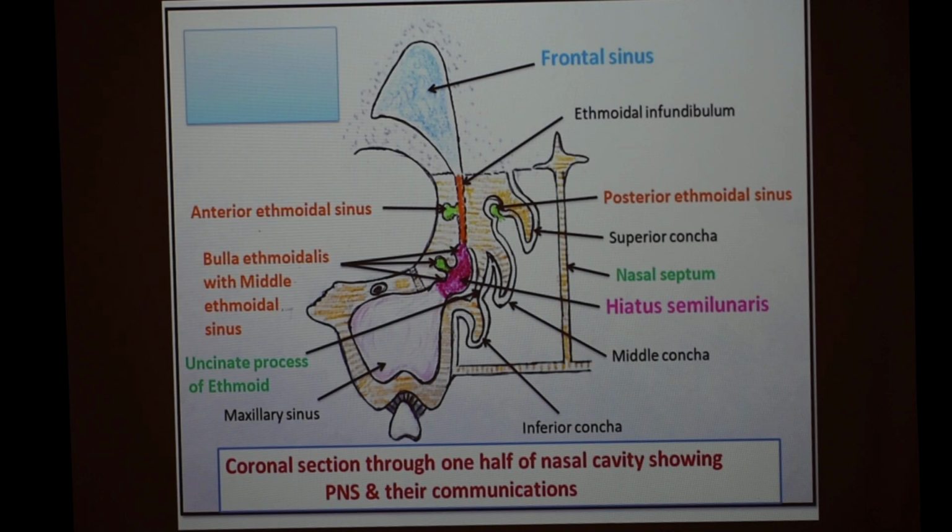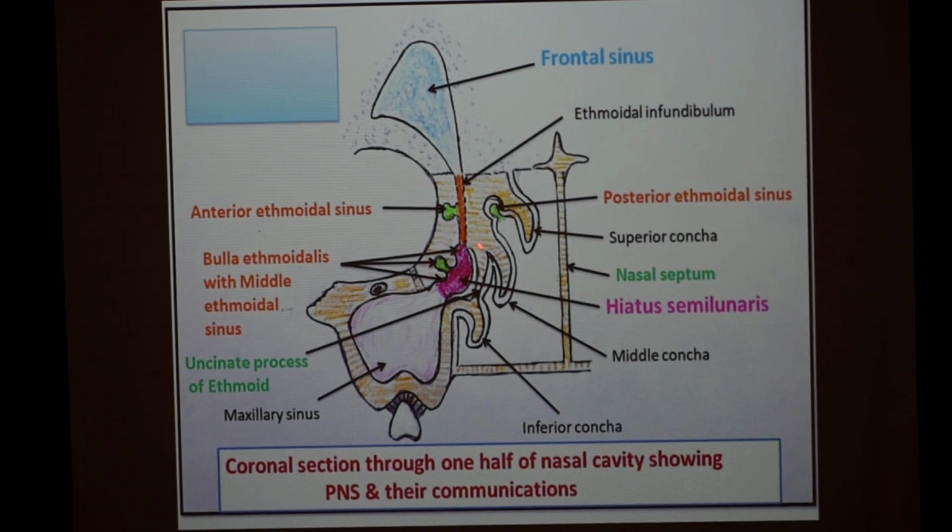Now it also has some measurements: vertically it is about 3 cm in length, horizontally about 2.5 cm, and anteroposteriorly about 1.8 cm. Now the frontal air sinus communicates with the middle meatus of the lateral wall of the nose via the ethmoidal infundibulum and frontonasal duct, and opens into the hiatus semilunaris present in the middle meatus.